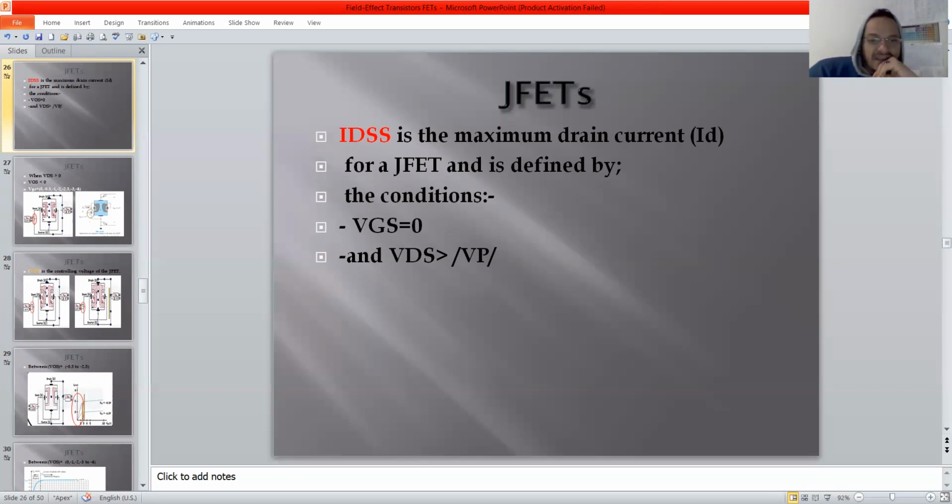The electrons will try to go out from this side, and the current ID will go to the source current like that. This arrow will be the ID direction, and the depletion region at the bottom will be the same as the depletion region at zero bias or no bias.